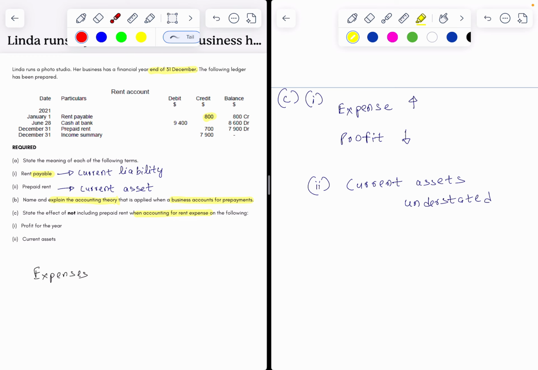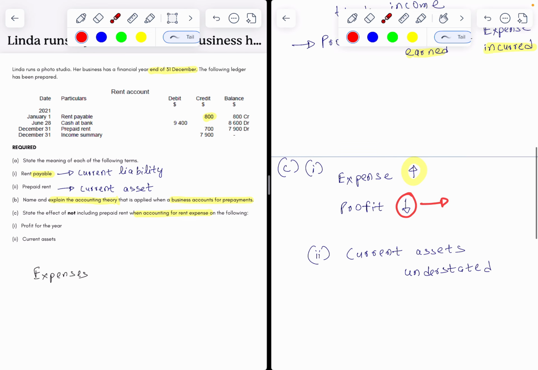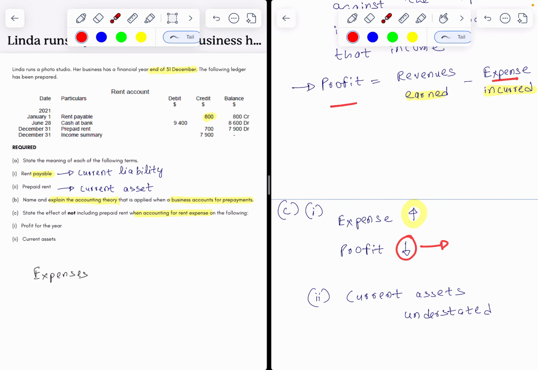So therefore, the mistake would be that we would end up overstating our expenses. And when expenses go up, our profits will go down, obviously because of the reciprocal nature between profit and expenses. And then because we are not recording our assets correctly, which is the prepaid rent, we are understating our current assets as well simultaneously. Okay?